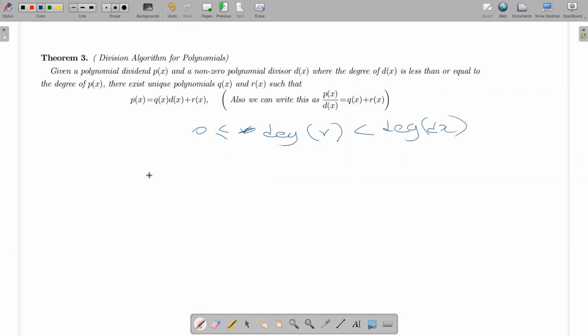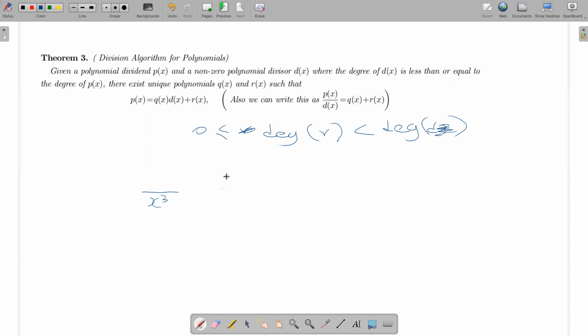So for example, if I divide some polynomial by a degree 3 polynomial, the remainder can be degree 0, and it can also be 0, so it can also be a 0 remainder, but the degree of the remainder is less than the degree of d.